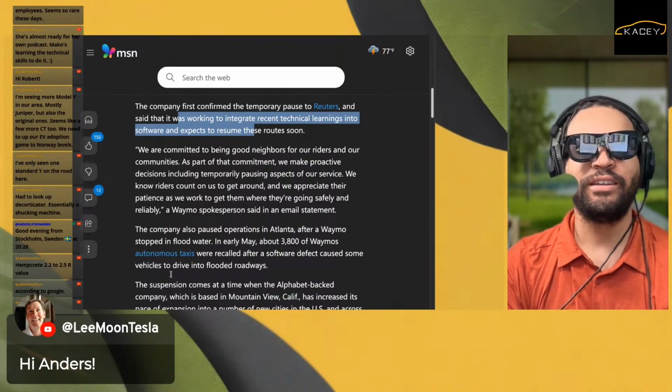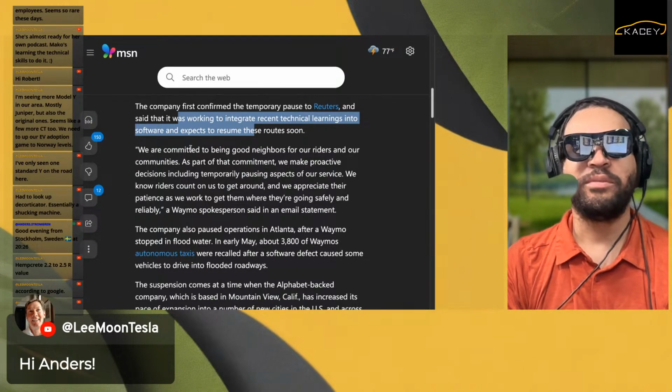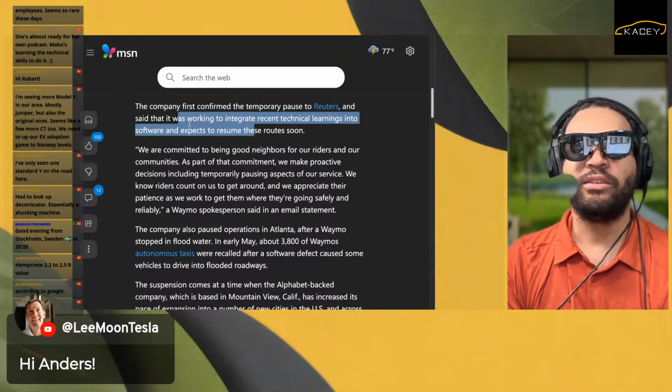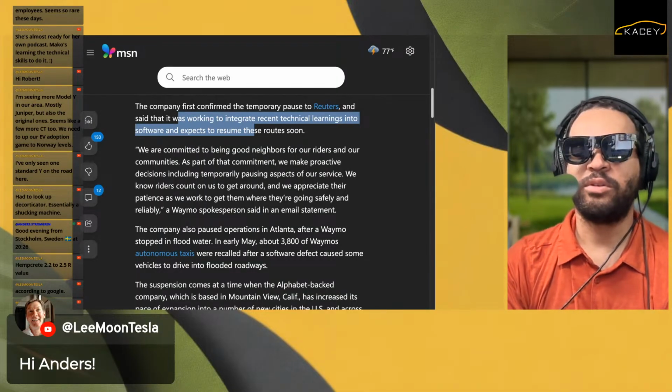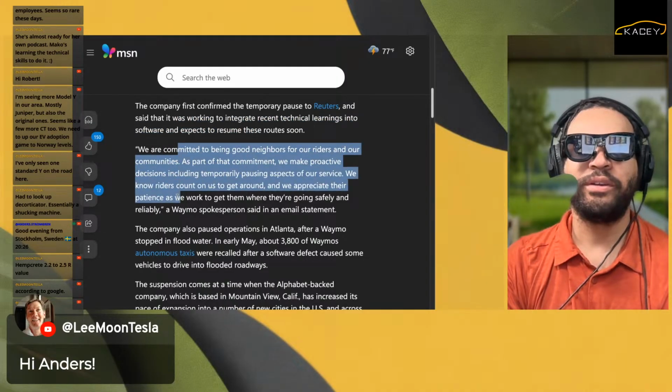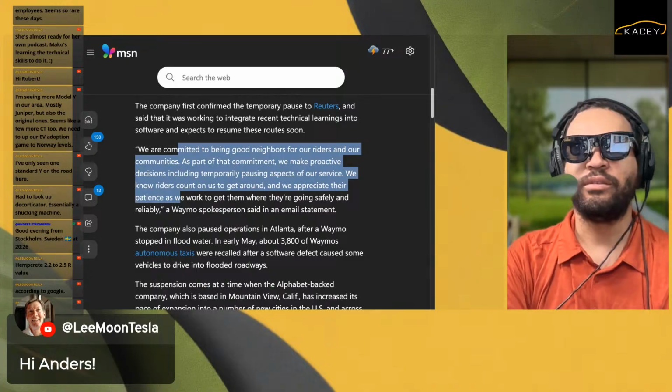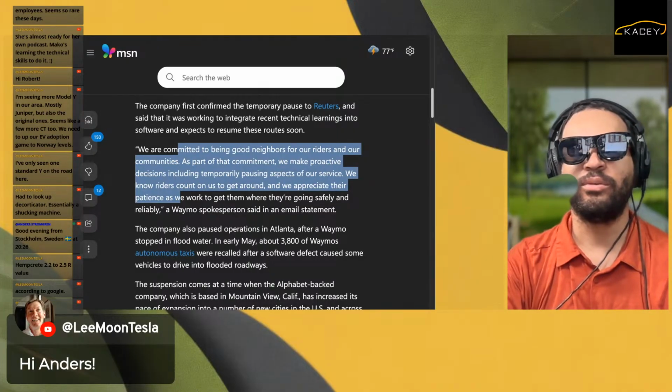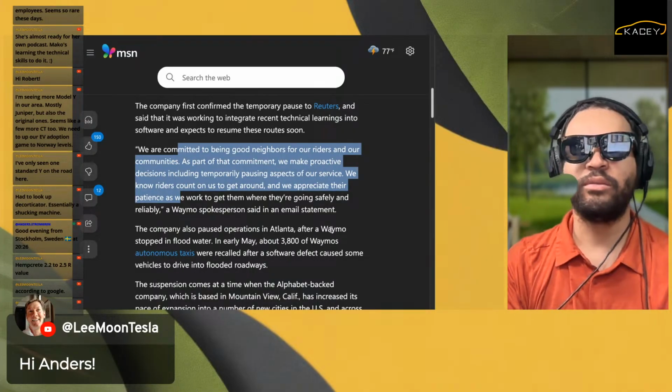They fixed it. Reminds me of that Model Y we looked at the other day, the robotaxi Model Y, where it got on the freeway and then acted like the guy called support, even though he didn't. Committed to being good neighbors for our riders and communities, except that using the freeways was never banned for the robotaxis.